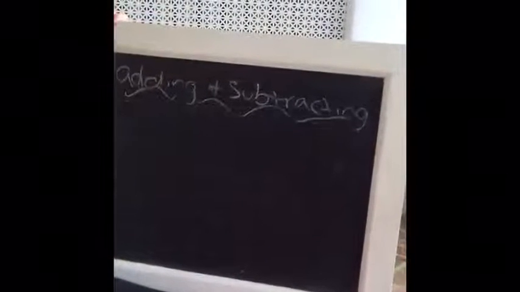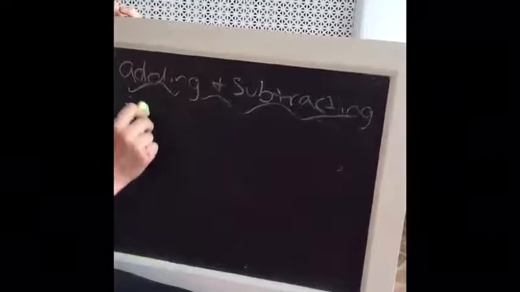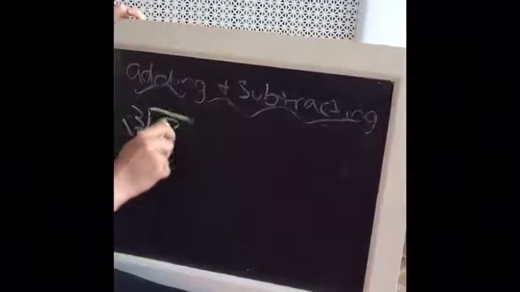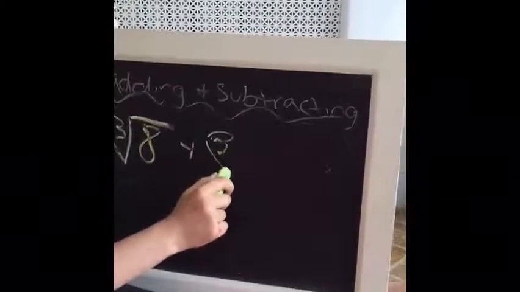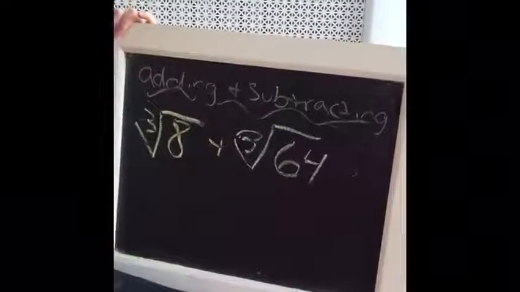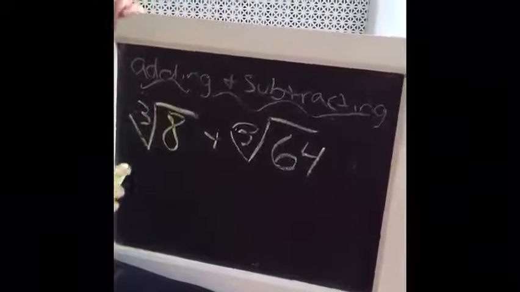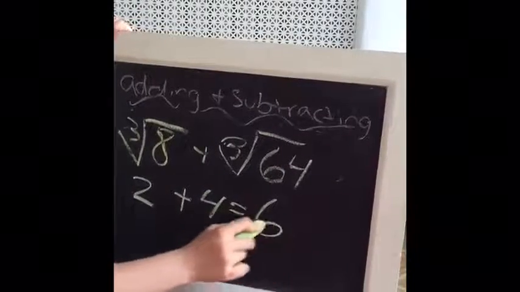And for higher index roots, it's the same thing. So if you had 3 in the index with 8 under the radicand, plus 3 in the index with 64, after you simplify the radicands, it would just be 2 plus 4, which would equal 6.